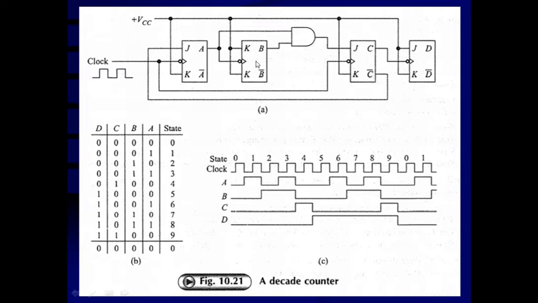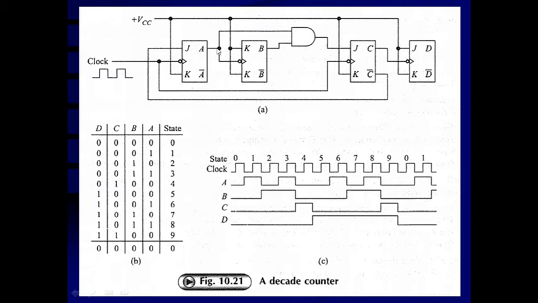So this way we can prepare a first modulus 5 counter using flip-flops A, B and C. You can see here that for all the flip-flops A, B and C, the K input is connected to VCC, and the output of flip-flop C, that is C bar, is connected to the J input of the first flip-flop.